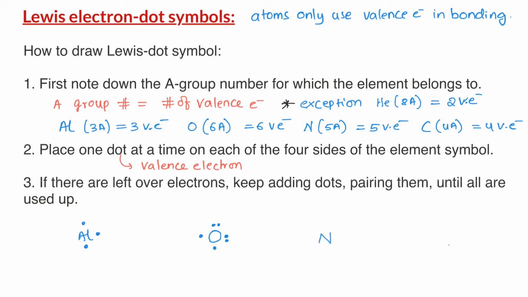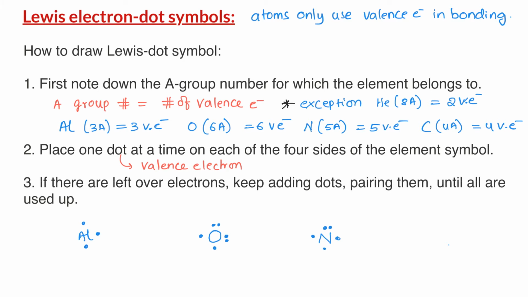Next, we do nitrogen. Nitrogen belongs to group 5A. That means it has 5 valence electrons. You place one dot on each of the 4 sides. I have 1 leftover electron. I pair one of these electrons. So at the end, I have 1 pair of electrons and 3 single electrons.